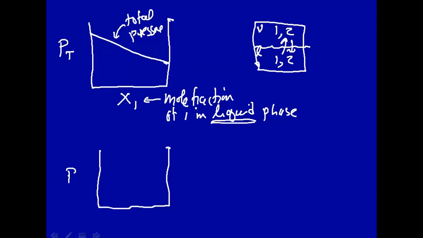Now what we want to do is to have the same kind of pressure composition phase diagram where you have total pressure, but now instead of a plot of total pressure versus mole fraction in the liquid phase, what we want is a plot of total pressure versus mole fraction in the vapor phase. And we'll use the symbol Y to denote the vapor phase.